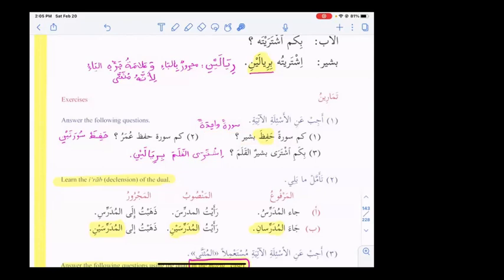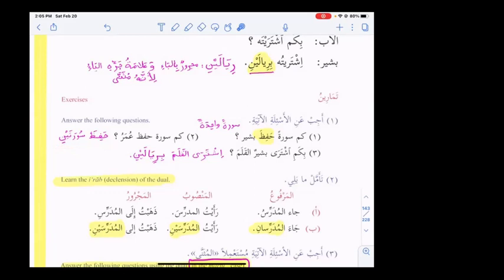Hafiza suratayni. He memorized. Hafiza means he memorized. How many things he memorized? Suratayni. Two surahs. It's mansub, mansub bil ya, li'annahu musanna.